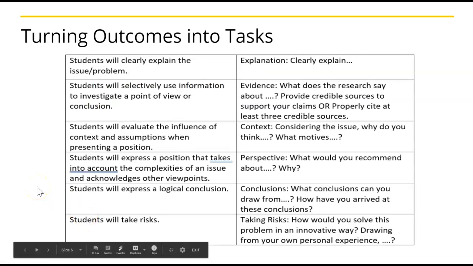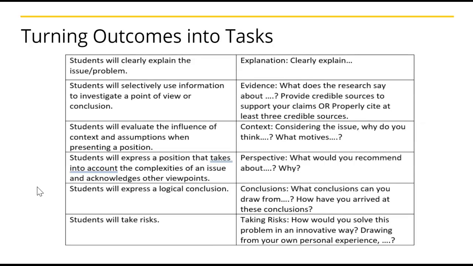Okay, so thinking about how, though, do you take your student learning outcomes that are listed at the top of the assignment, that's the knowledge and the skill sets, and then turn that into specific prompts in the tasks so students can provide evidence of meeting those outcomes. So I'm just going to walk through a couple of examples.